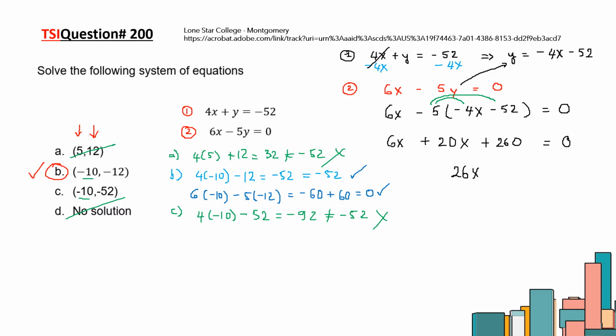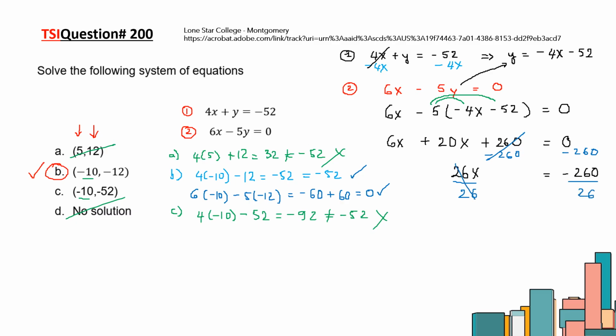Now we have to subtract 260 from both sides, so that we cancel this and isolate 26x, and it becomes negative 260. Now we divide both sides by 26.